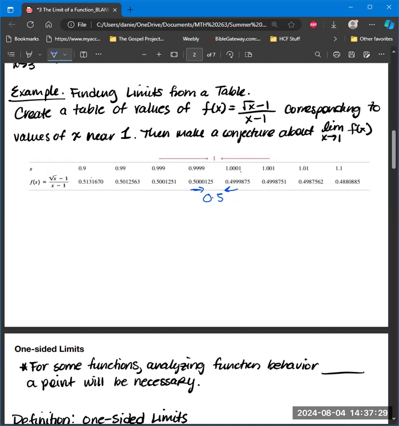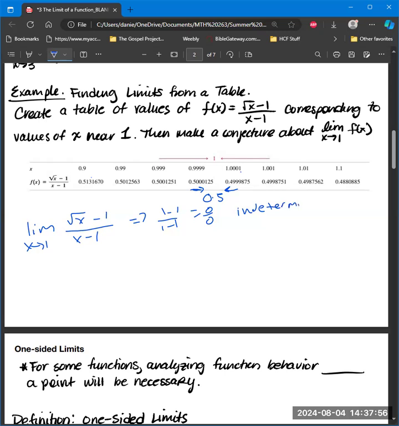And so let's evaluate this limit as x approaches 1 of the square root of x minus 1 over x minus 1. We can't use direct substitution. If we try that, we get 1 minus 1 over 1 minus 1 is 0 over 0, which is undefined. We actually call this an indeterminate form.